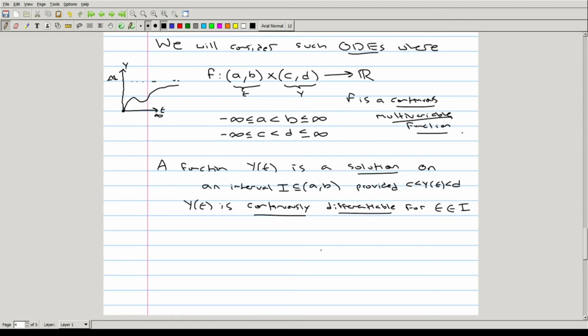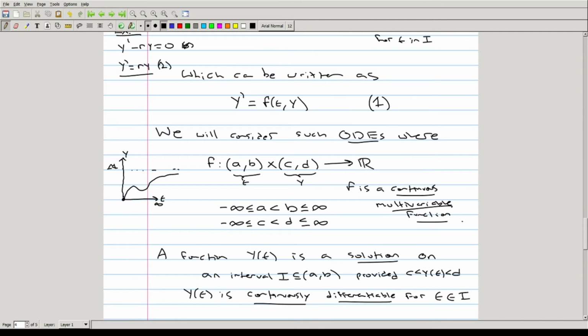For t in I. And we need this continuously differentiable in order for this equation to make sense. There are other ways of defining solutions to equations of this type. They're much more advanced.